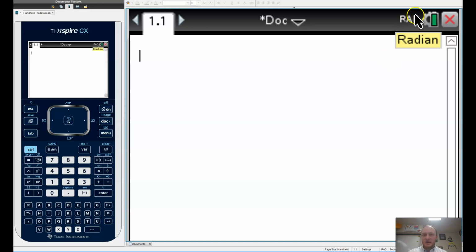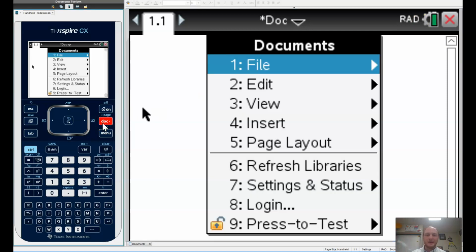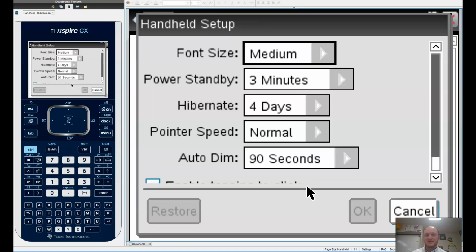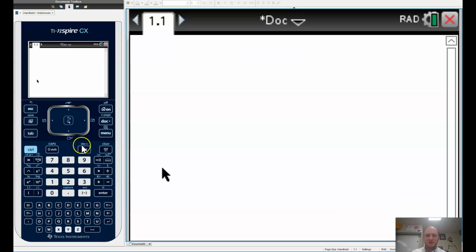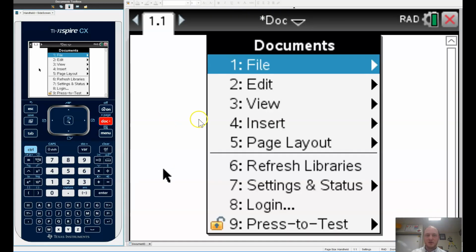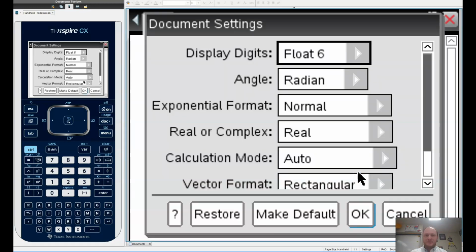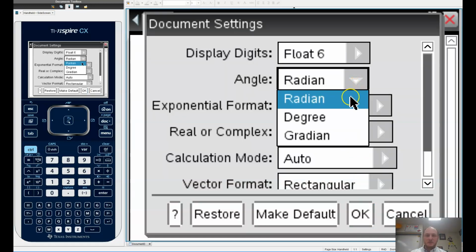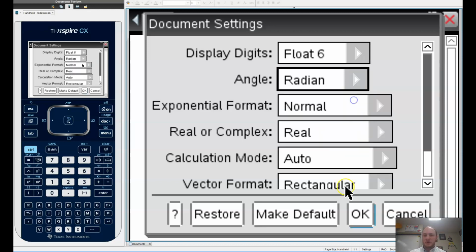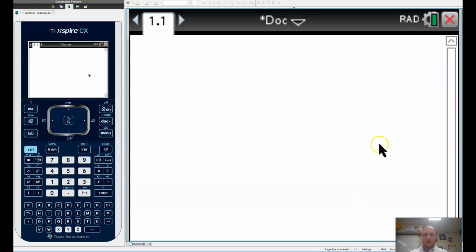If it does say degrees, you go to doc, 7, which is settings and status, document settings, and then again here, right? Radian, degree, gradient. Gradients, I believe you'll talk about in Calc 3, multivariate calculus, but that's for another time. Okay, so there we have it.